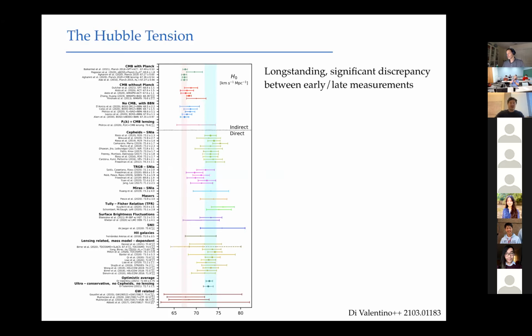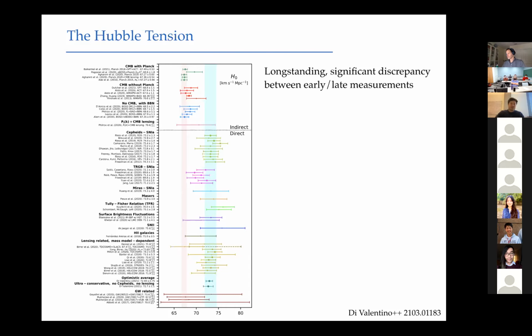You can see that almost all of the early universe measurements of H0 tend to cluster towards the left pink band, and all of the later universe stuff involving supernovae and Cepheids and several other techniques tend to cluster to the right, giving a number roughly about 74 kilometers per second per megaparsec, whereas the Planck and early universe measurements tend to give numbers closer to about 68 or so in those same units. This has now been a long-standing discrepancy.